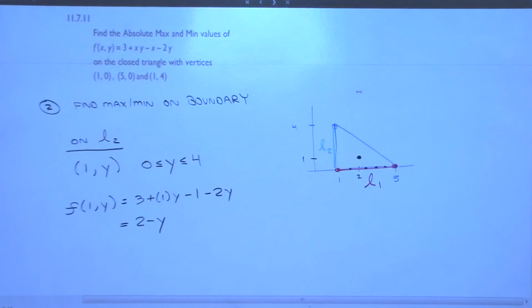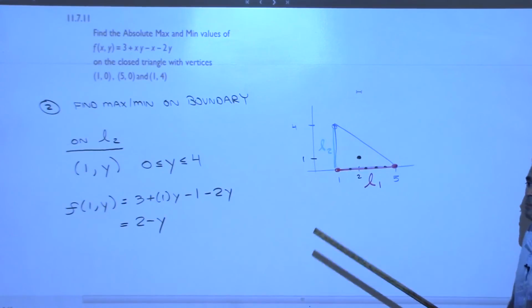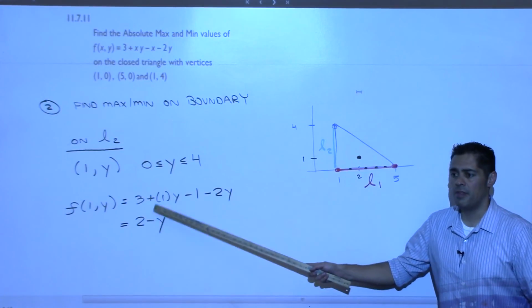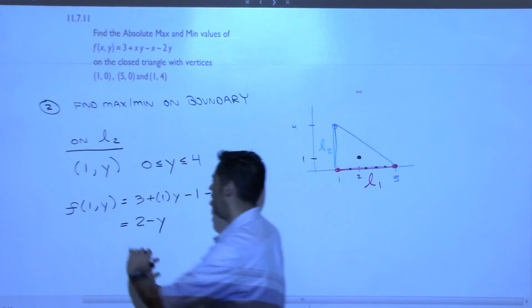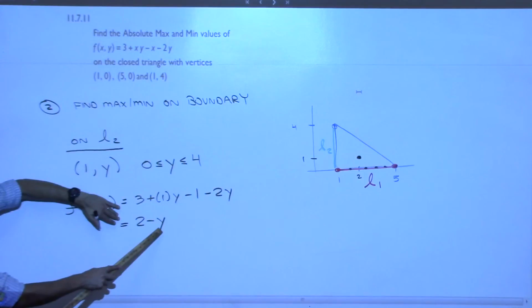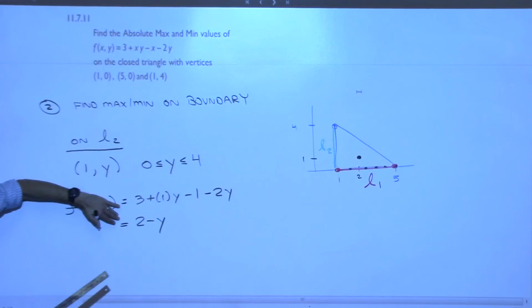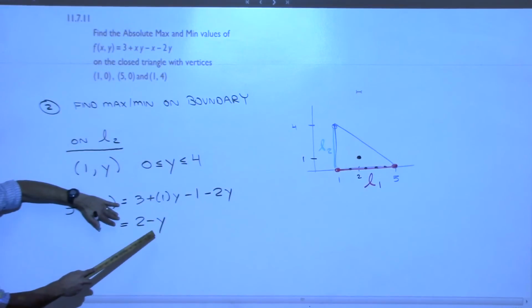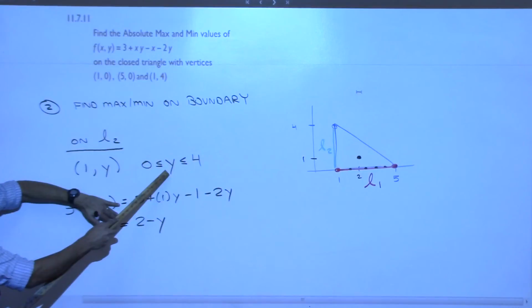If we follow the same procedure now, what we would need to do is find the critical numbers of this, acting as if this now is a brand new function of a single variable. Now the fact that it's y, not x, let's not let that freak us out. It's the same thing that we had when we had x in here. We're going to take the derivative of this with respect to y, and this is going to be our closed interval.